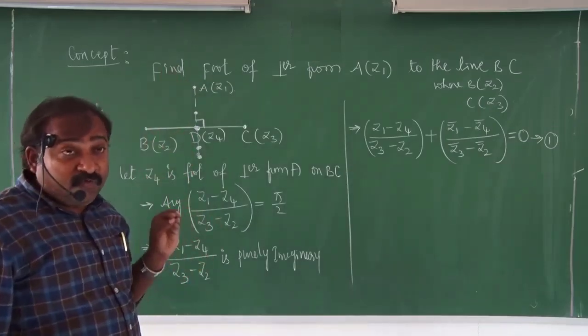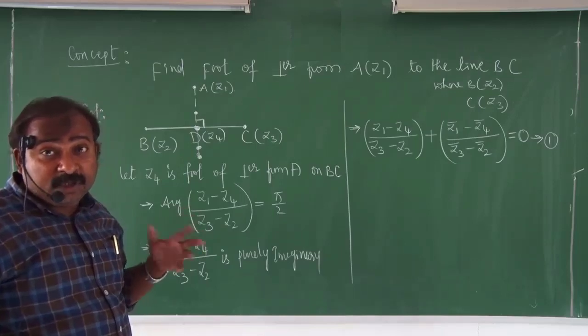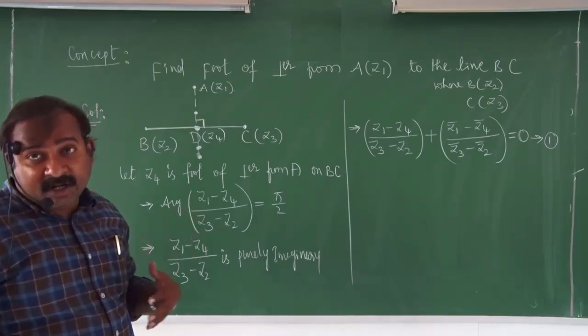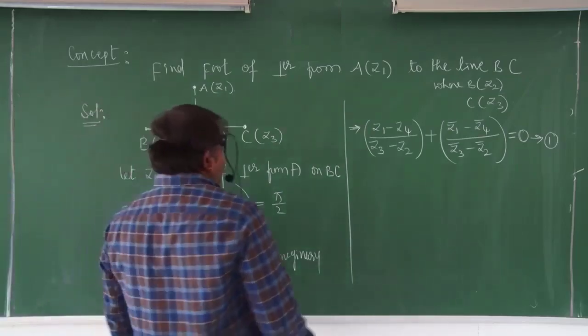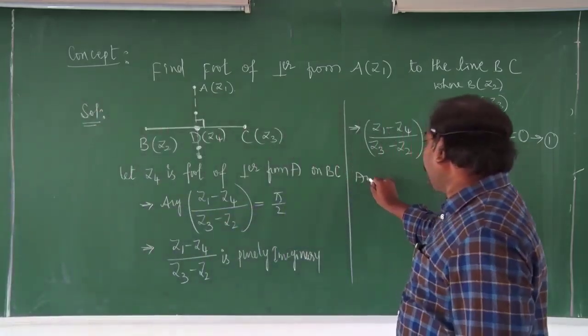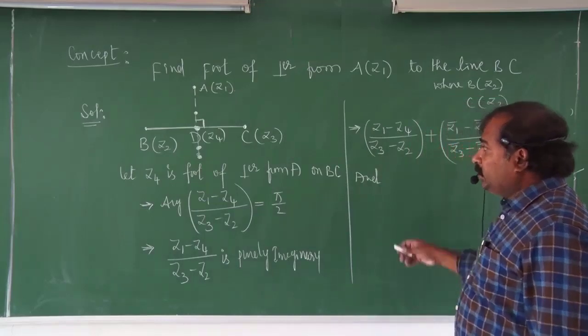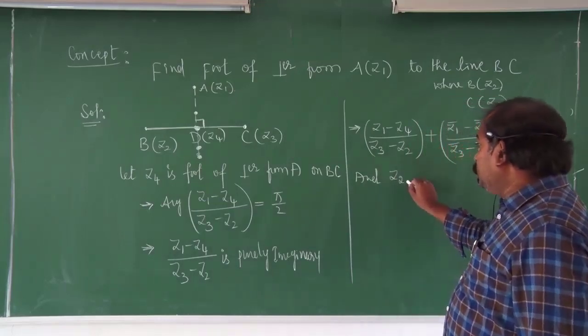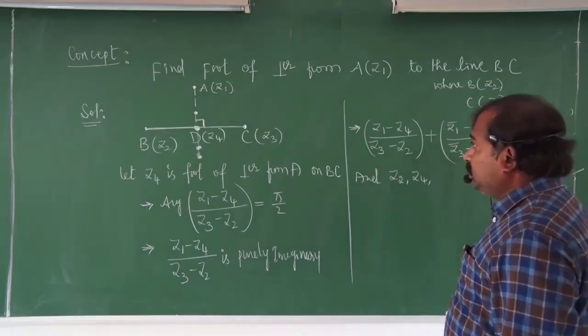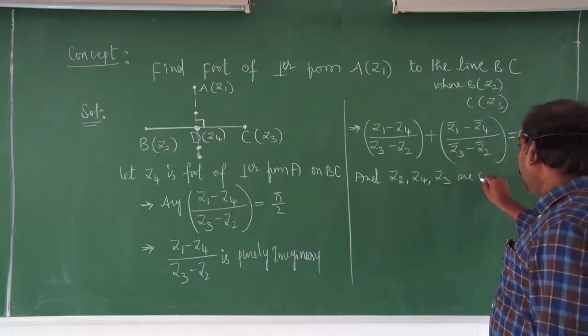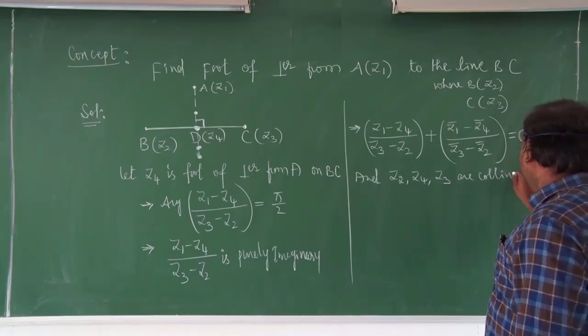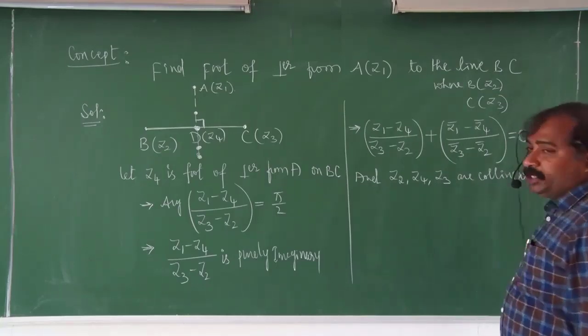But to fix the particular Z4, which is our required foot of perpendicular, I am adding one more condition: Z2, Z4, Z3 are collinear. This is the one more condition.